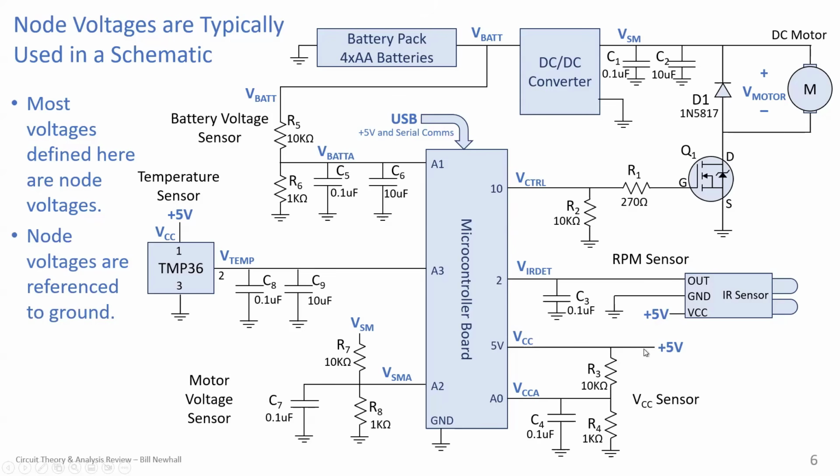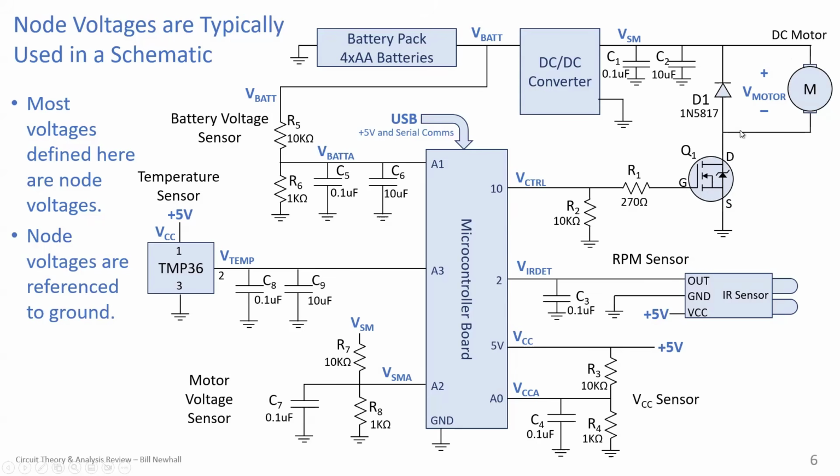There's one voltage here that is not referenced to ground, and that's V motor. The motor is connected between two points in the circuit, and neither of those points is ground. It does not connect to ground directly; it's connected through the MOSFET, which controls the motor.